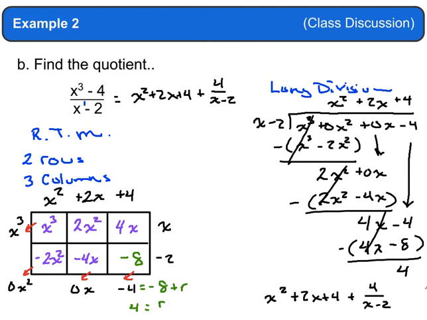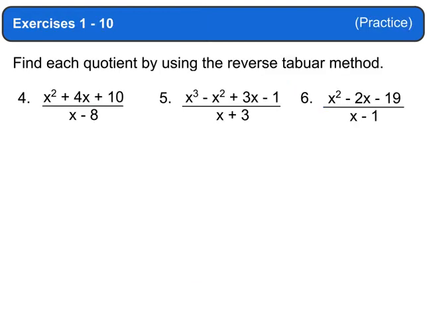So these are the two methods, right? Long division versus reverse tabular. Again, like last time we studied these, you decide which way you want to go, and which way you don't want to go. So there are several exercise problems in here. We're going to skip exercises 1, 2, and 3.